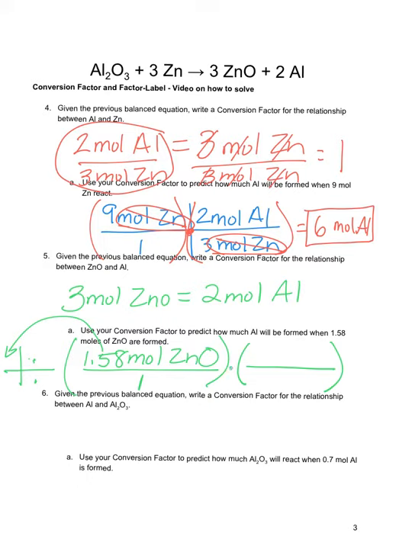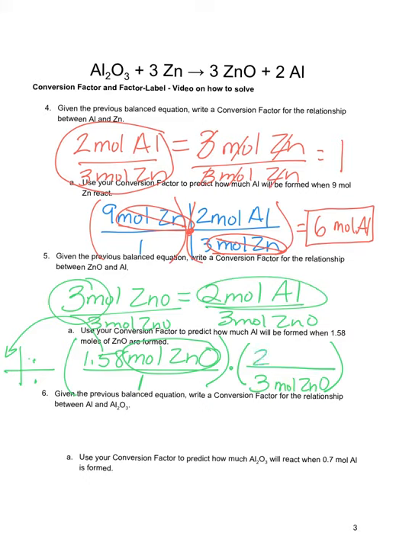Since I'm multiplying, big, huge idea, whatever is up here has to go down here. So I have to put moles of ZnO down here. The number that goes with it is 3, so 3 moles of ZnO on the bottom. On the opposite side, 2 moles of aluminum goes on top.